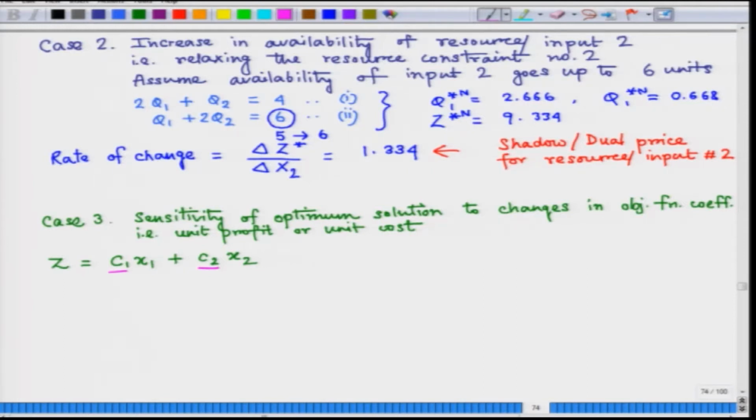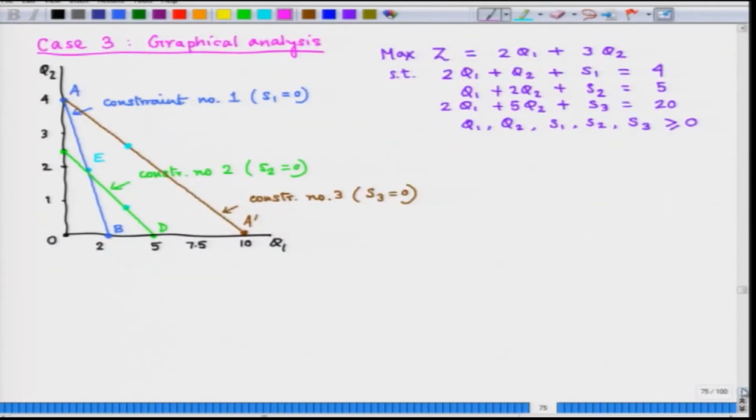Now, to study this case in greater detail, let us take help of an illustration that will help us to understand this case in greater detail. So, here is the old graph that we have used before, and here is the old maximization type problem that we have solved before. Okay.